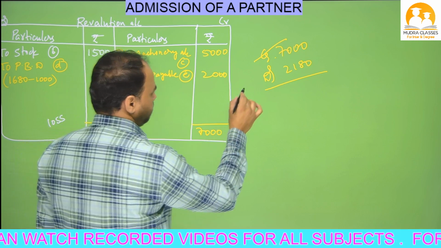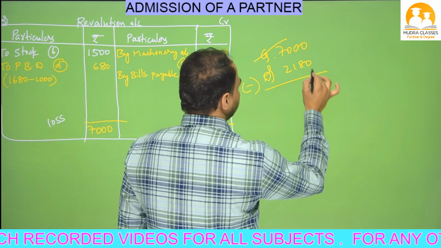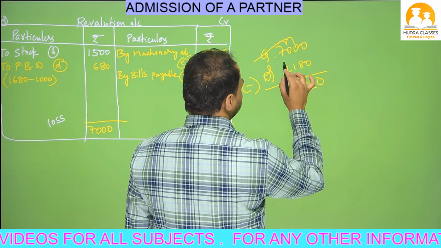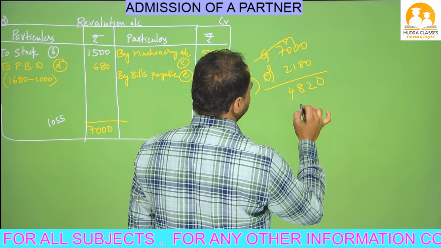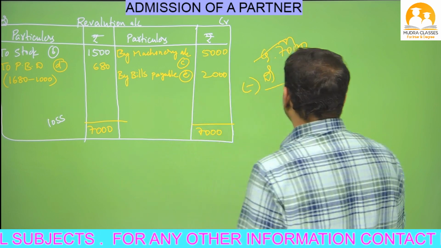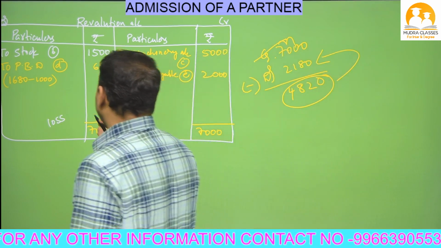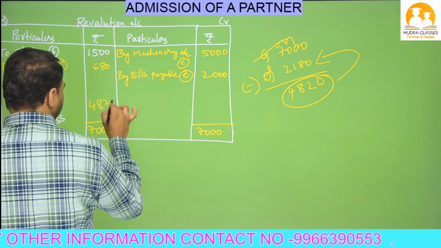Now do minus from big amount to small amount: 0 to 10 minus 8, 9 minus 1 is 8, 6 minus 2 is 4. So 4,820 we got. These 4,820 we have to write on debit side. So these 4,820 is the profit.